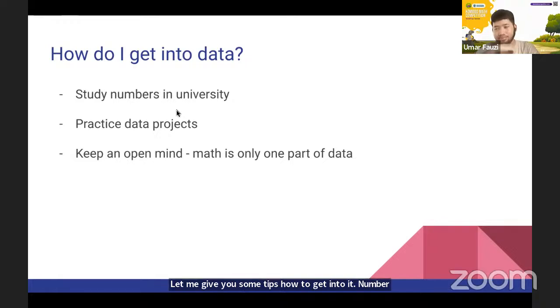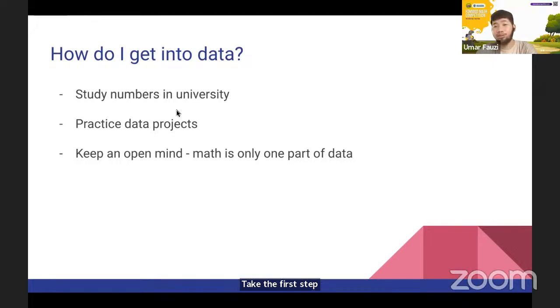Number one, study something in university which has lots of numbers. It can be math, that's the most obvious one, but it could also be economics, industrial engineering, or business administration. Basically, any subject that has a lot of numbers usually has some data work involved, and that will help you take your first step into data.